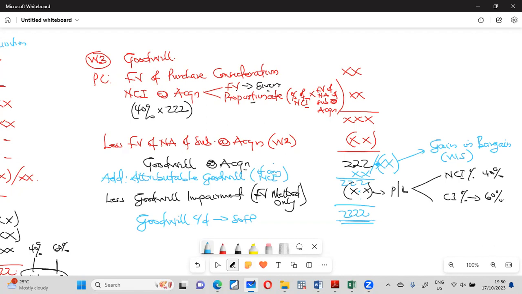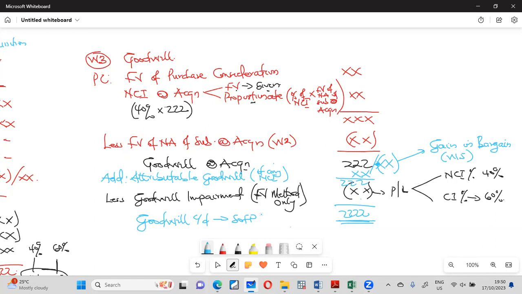But if somehow there is impairment and yet it is coming from the proportionate method, then that one will not be shared. It will be given to the parent only. So please take note of that. This is what I'm talking about.